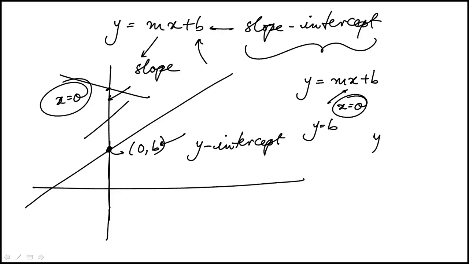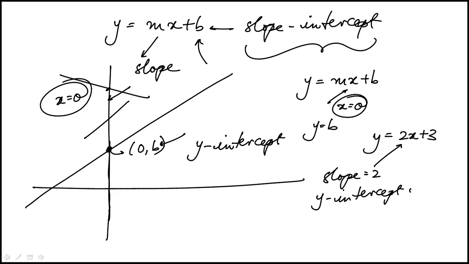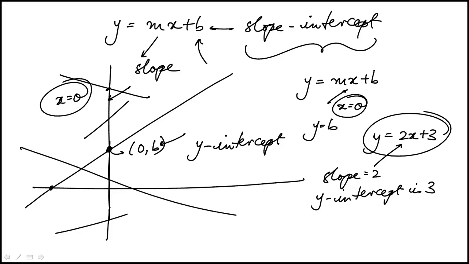So when you see an equation of a line y equals 2x plus 3, you say right away the slope is 2, and the y-intercept is 3. Then we say, how do we find the x-intercept? Well, the x-intercept condition is when y is 0. So for all these points that intersect here, the y-coordinate is 0.